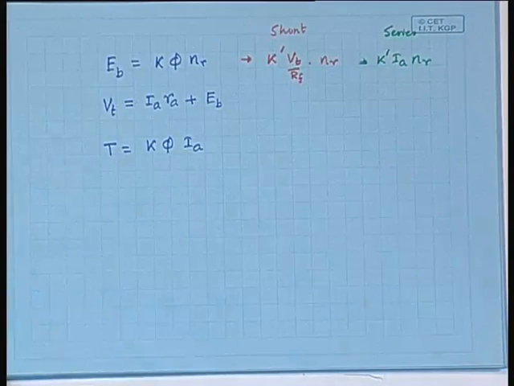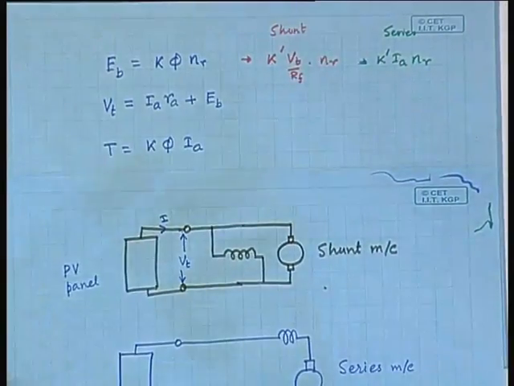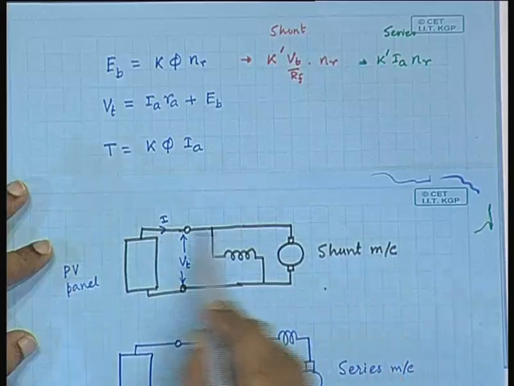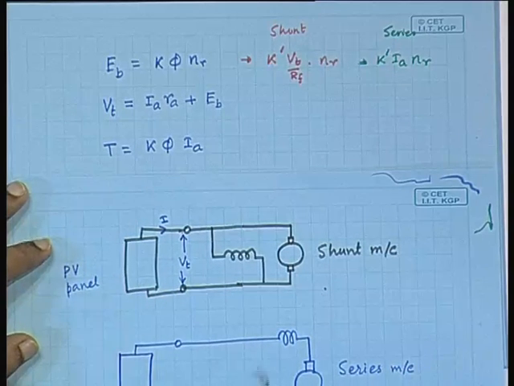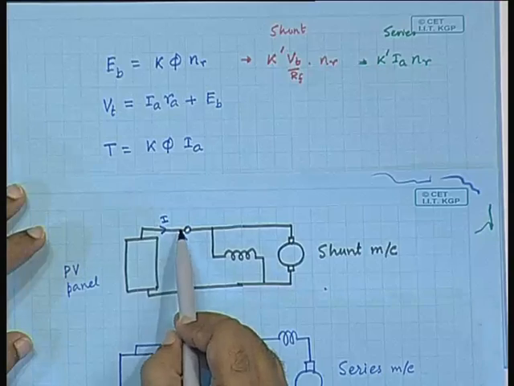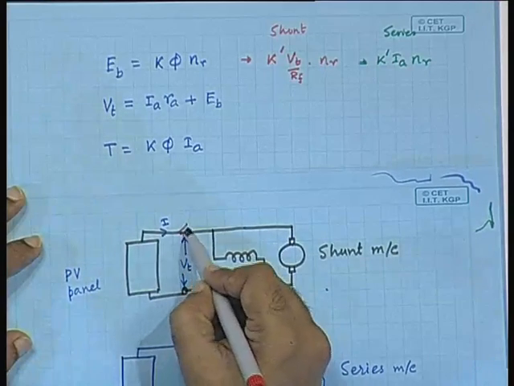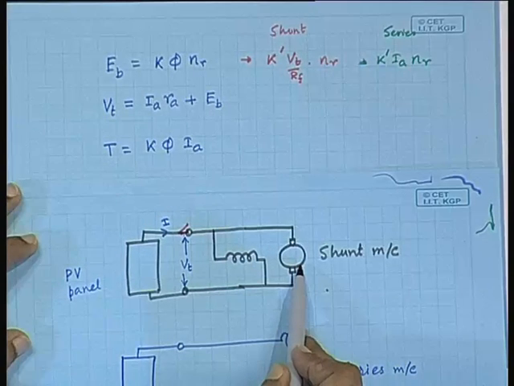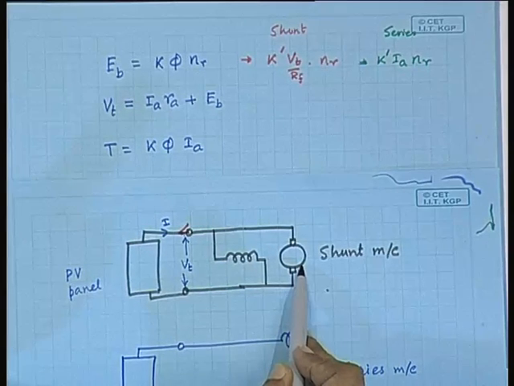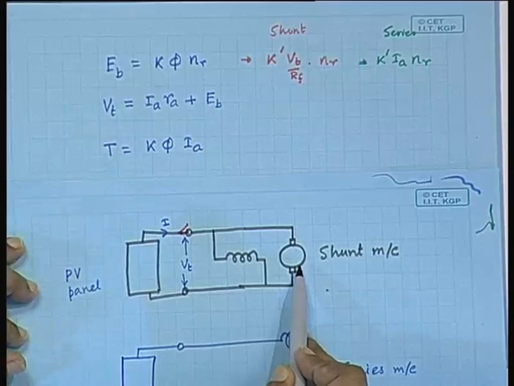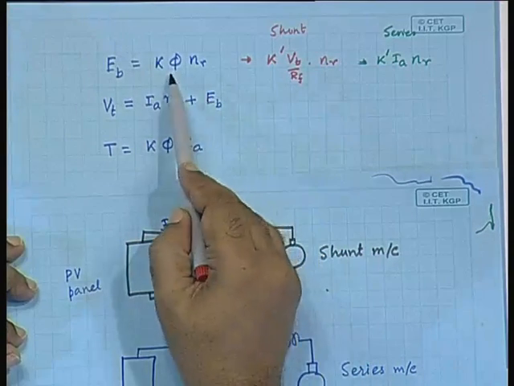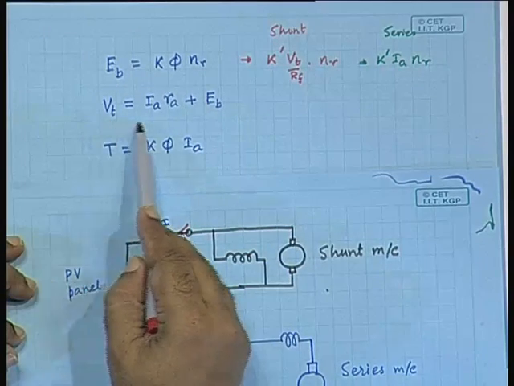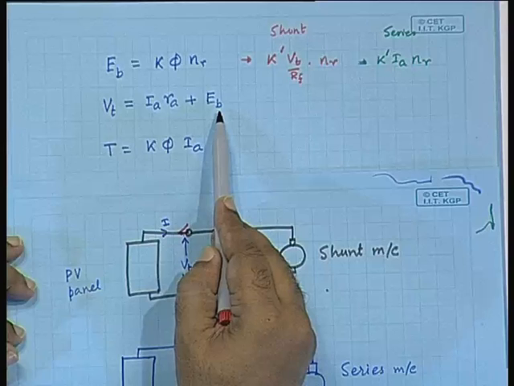What actually will happen when, now keep track of this and look at the shunt machine circuit diagram. When the machine is started, that means you just switch it on. Suppose there is a switch here and you switch it on, then at that time the speed of rotation is 0. If the speed of rotation is 0, then the back EMF is 0. If the back EMF is 0, then the Vt is equal to Ia Ra and there is nothing here.